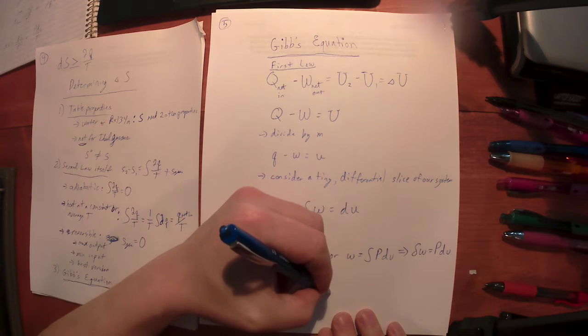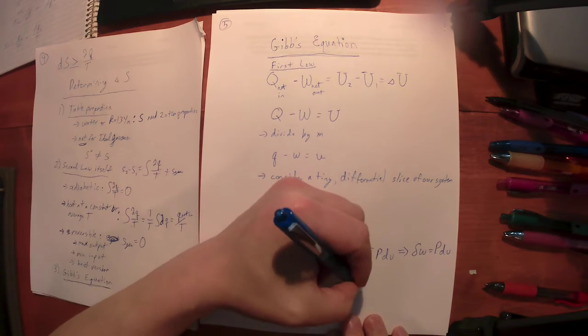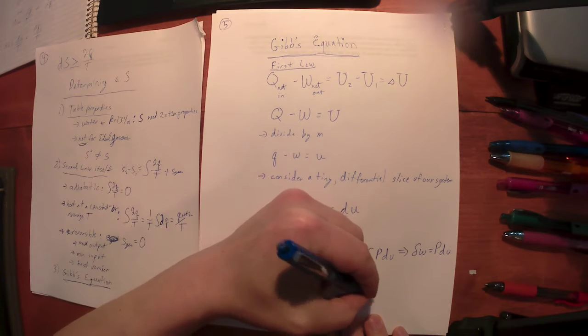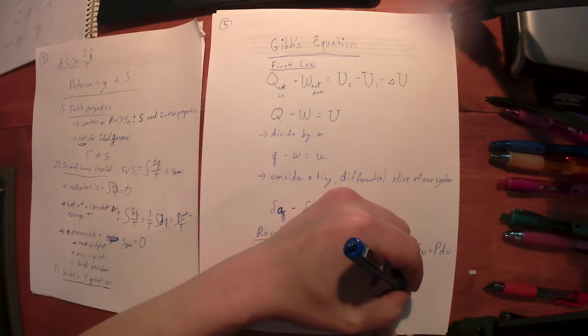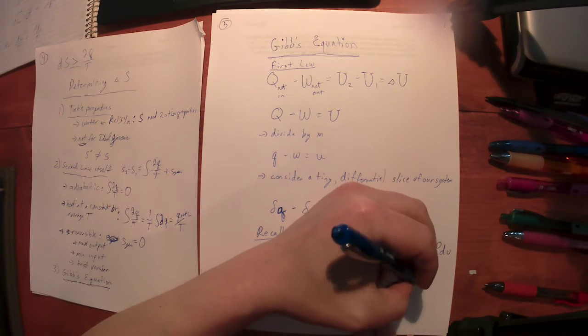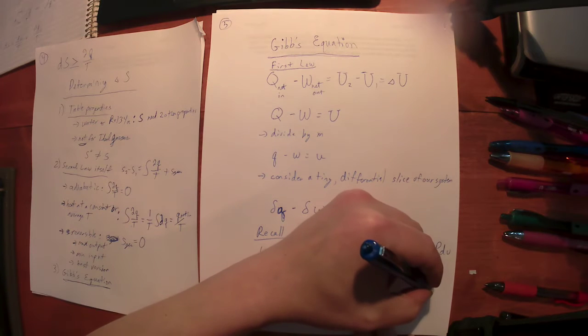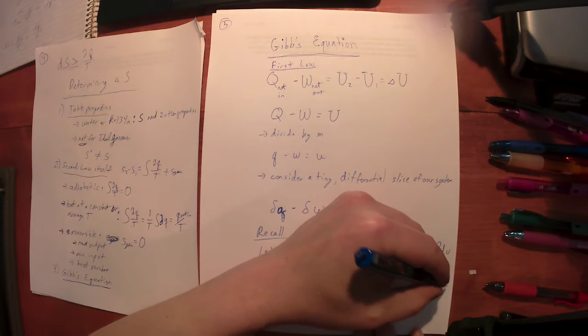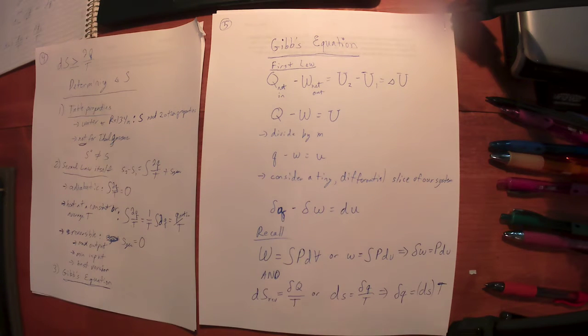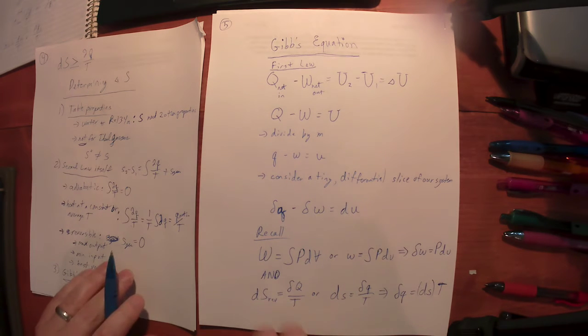And if we look at this per unit mass, that means d little s is equal to delta little q over T. Or delta q is equal to ds times T. Or TDS would probably be the better way to write that, but I had already written down ds and there wasn't room to put T in front of it. I apologize. So TDS is the better way to write that. And in fact, that's how I'm going to plug it in when we go to the next equation over here.